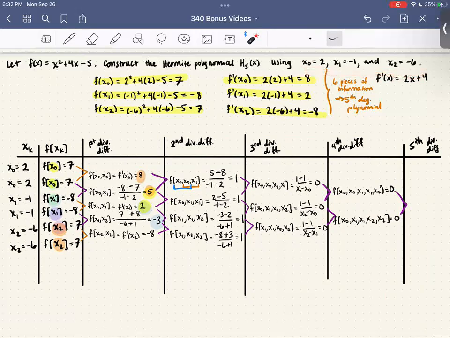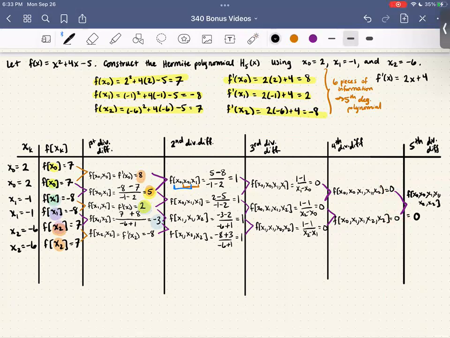And if it's a Hermite polynomial, it's all the nodes listed twice, which is what you started out with up here. Let's double check. We're going to have x0, x0, x1, x1, x2, and x2. So indeed, that is all the nodes listed twice. I'm running out of room. And then normally I would subtract this term minus this term, but they're both 0 in the numerator, so I'll have 0 here.